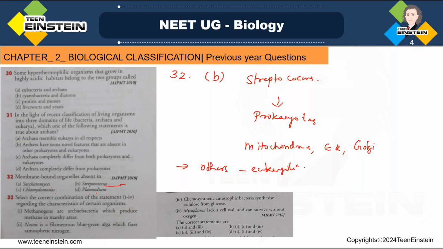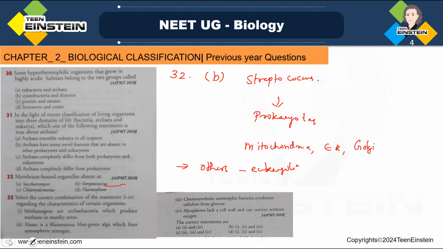Okay, that's how you should learn. If you're getting 4 options, you should learn that Streptococcus, which belongs to prokaryotes, does not have membrane bound organelles like mitochondria, Golgi apparatus, endoplasmic reticulum, and so on. And Plasmodium, Saccharomyces, Chlamydomonas, all these are eukaryotes, and eukaryotes have membrane bound organelles. Clear?